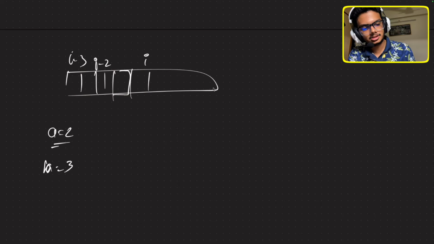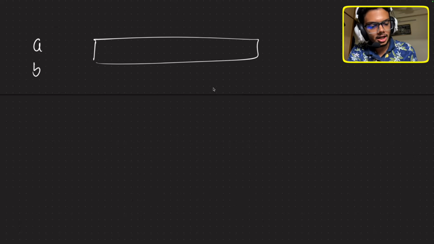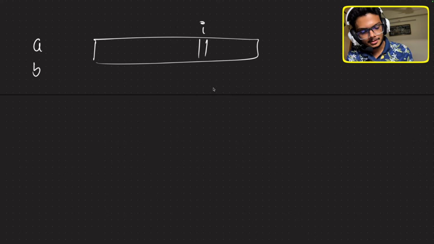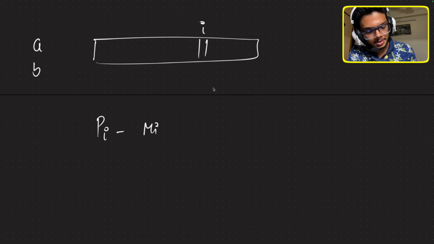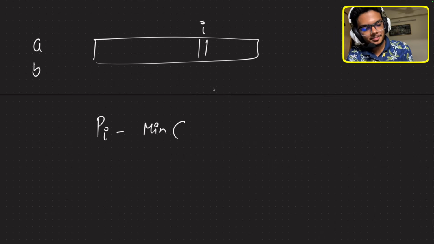In other words, what you have to effectively do is, given any a and b, when you are at the ith index, the contribution of ith sum, or you can say the maximum subarray sum ending at ith index, where the subarray size is in range a to b, is pi minus minimum of, what are all the candidate prefix sums?